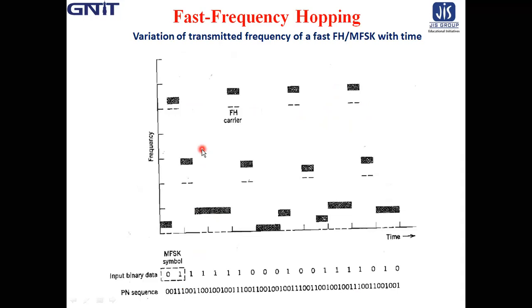After each chip, the carrier frequency of the transmitted MFSK signal is hopped to a different value, except for a few occasions when the k chip segment of the PN sequence repeats itself.